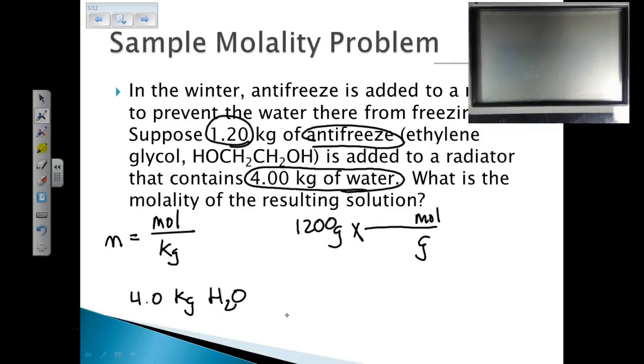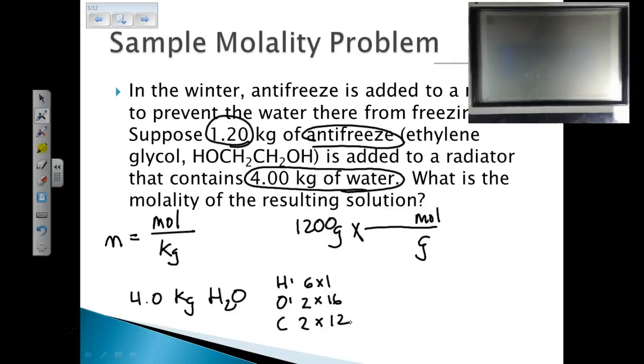Well, of ethylene glycol, let's see, how many hydrogens do we have? We have 6, and that's times about 1. And then how many oxygens do we have? We have 2 times about 16, and then we have carbon, which is 2 times about 12.